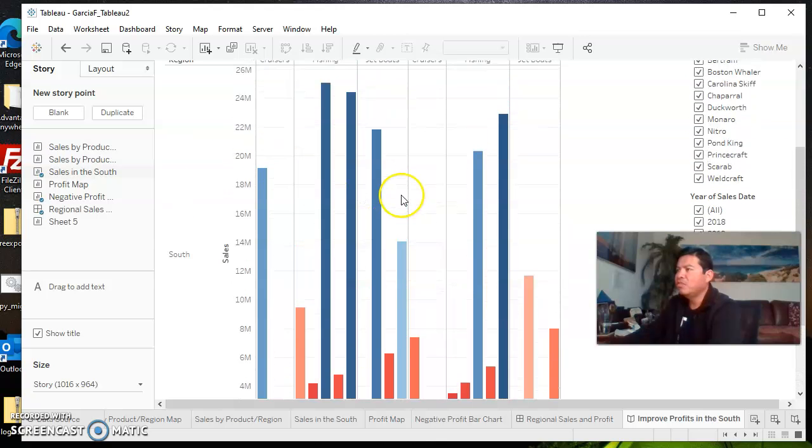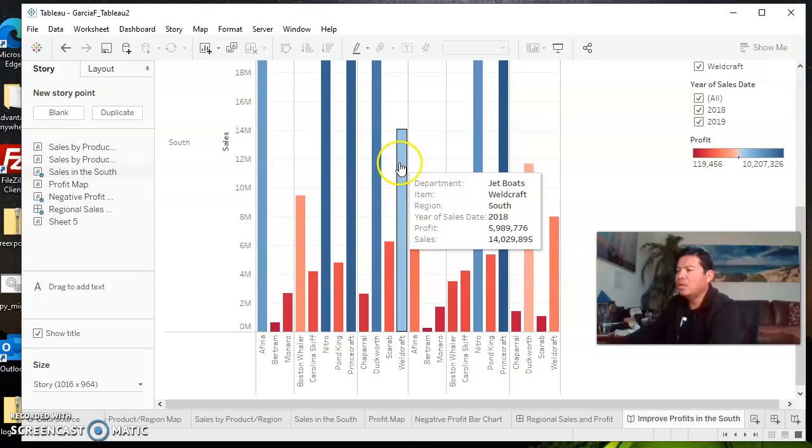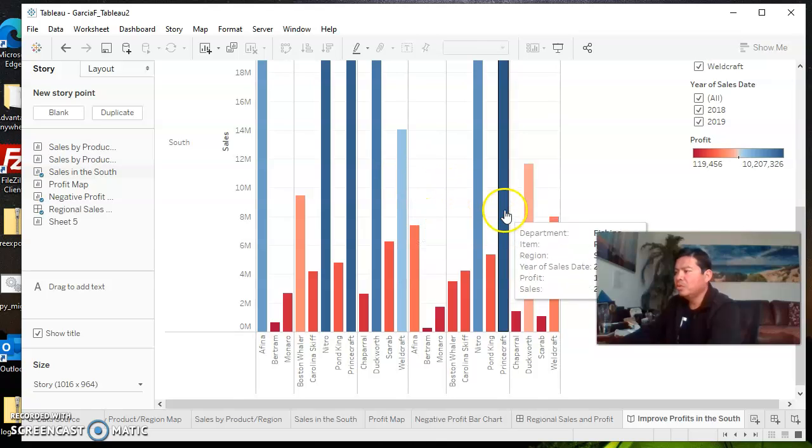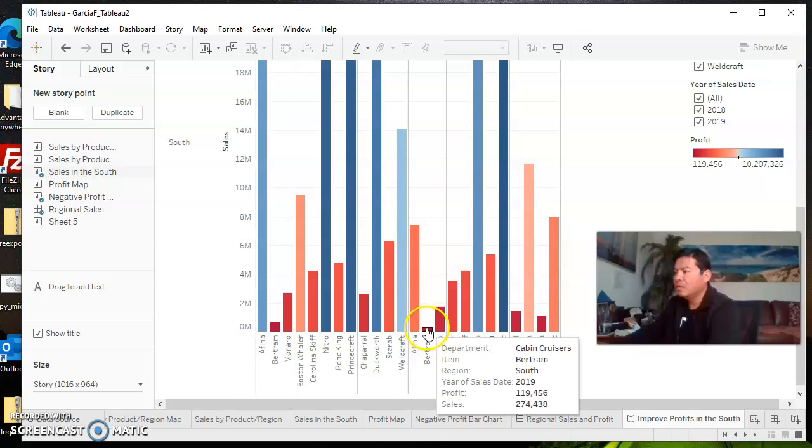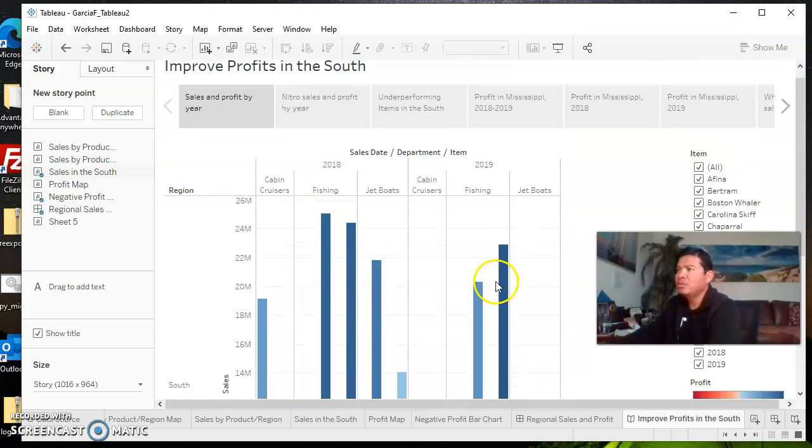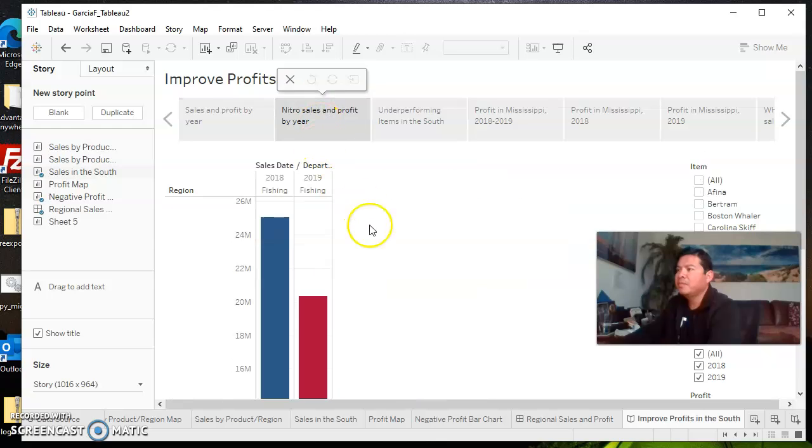You can see yellow, blue for these products, but for the ones that we're not selling in South Carolina and Mississippi, Bertram, these are very low sales. Chaparral is not selling. Continue with the next story.